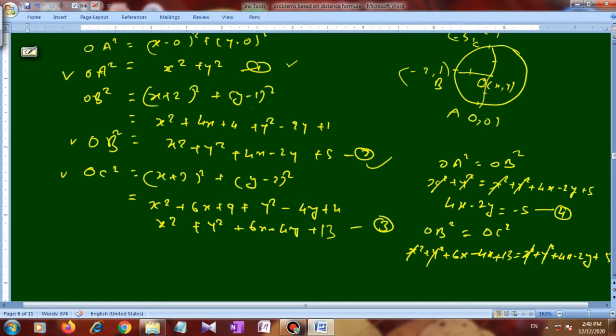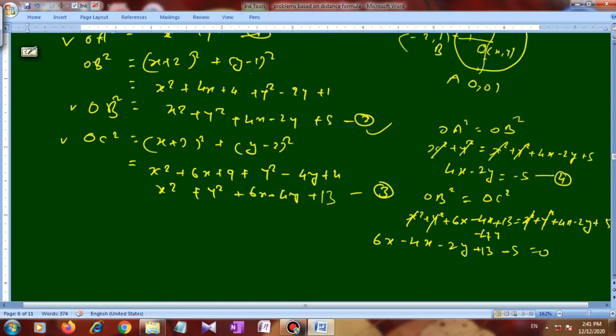So this will become 6x minus 4x, and minus 4y when you transfer minus 2y, we will get minus 2y, and 13 minus 5 equal to 0.